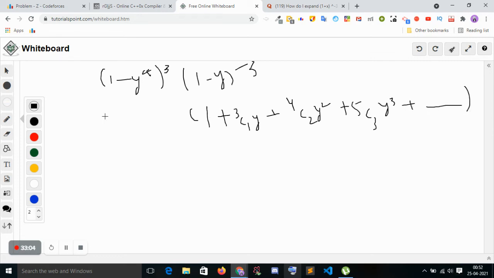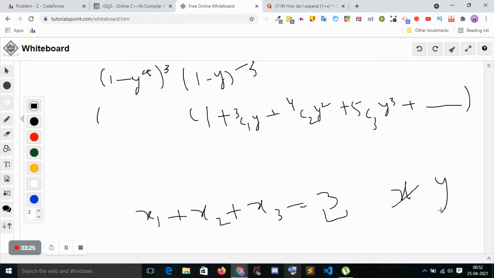And here actually I can expand it very easily, (a minus b) cube. Now the question is that x1 plus x2 plus x3 equal to 3, so I have to find y to the power 3. How many possibilities are there?